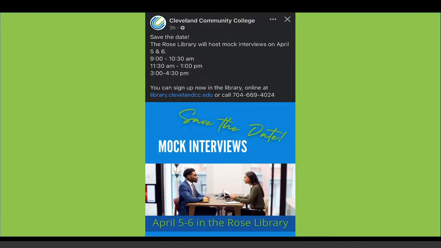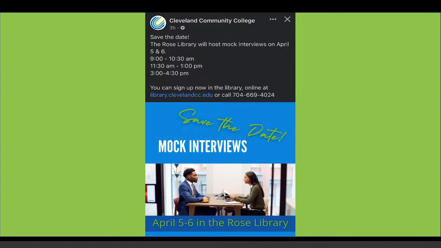kind of helps you with your interviewing skills in general and just gives you some extra practice. And I want to encourage you all to do this. I'm not requiring you all to do it as part of the class, but I do want to encourage you all to do it. This is an event that's hosted by the Rose Library. They do mock interviews, and they're going to be on April the 5th and 6th this year.